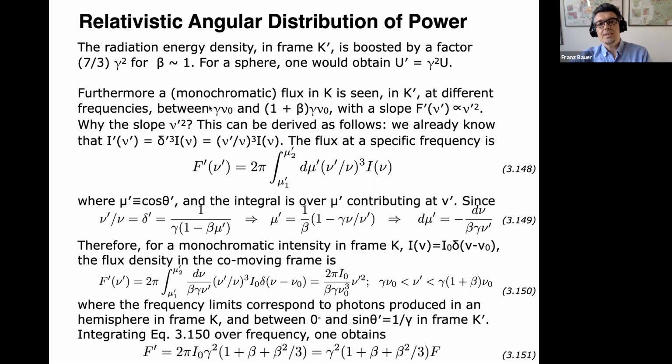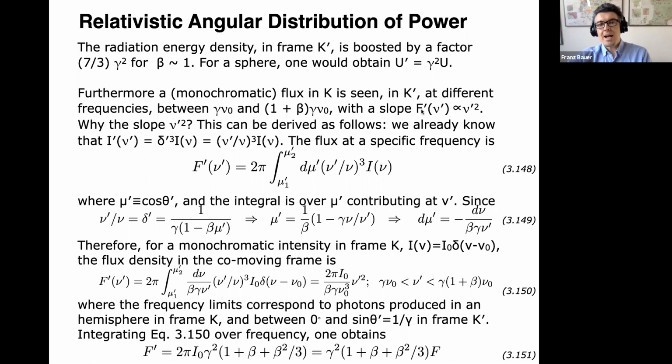We also have the fact that if we're thinking about the monochromatic energy density or the monochromatic intensity, we will have a Doppler shift as well. If we have a monochromatic flux in K and in K prime, what we want to look at is a frequency difference between this and this, and this will give us our small increment of frequency.